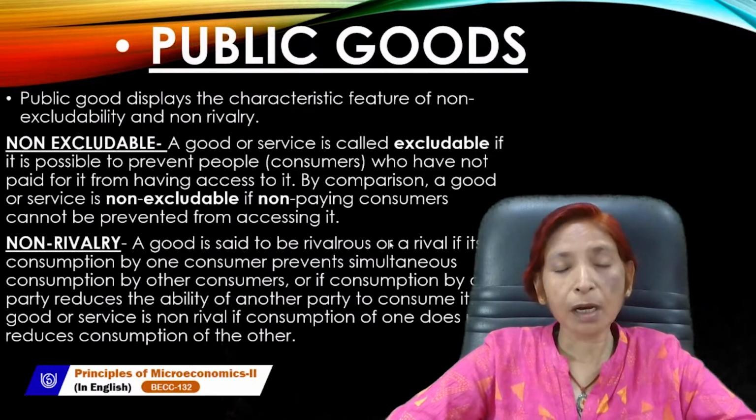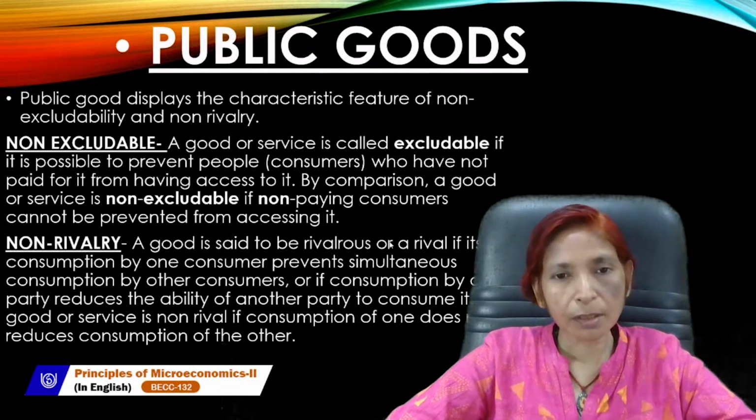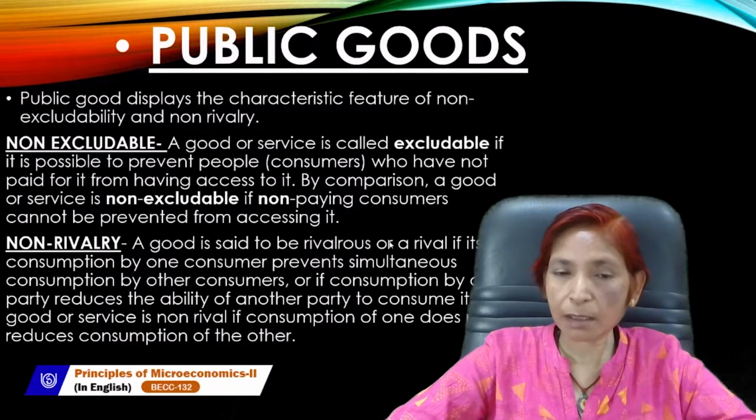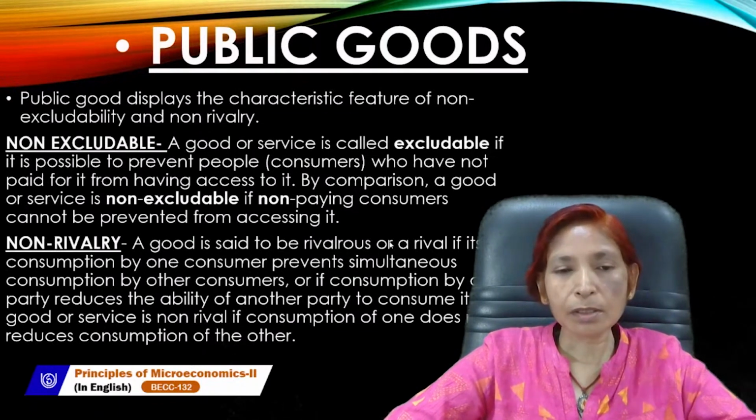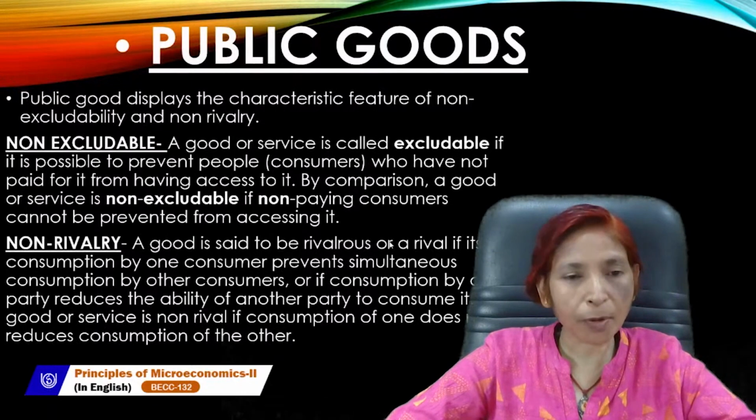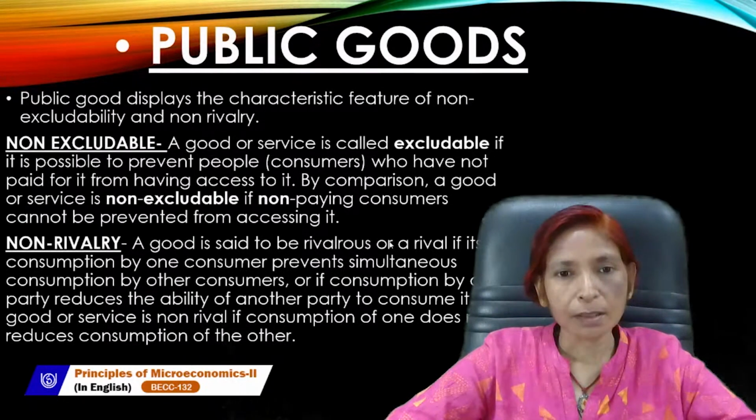But if a commodity or good can be used by everyone, whether they are paying or not paying, you can't stop or exclude anyone. That is called a non-excludable good.